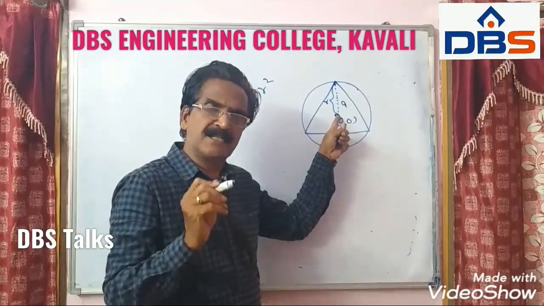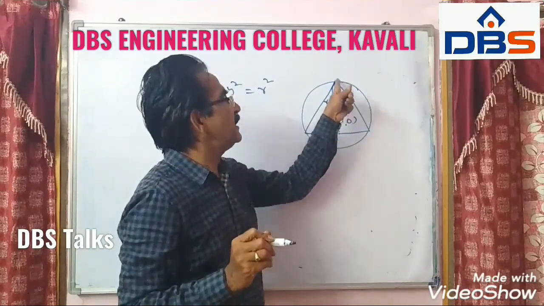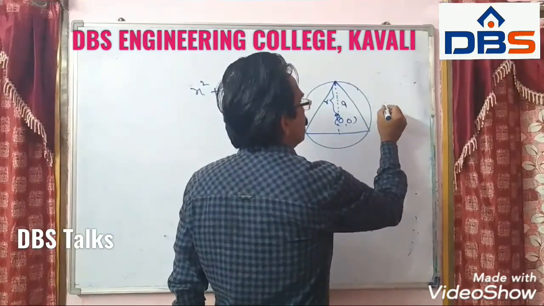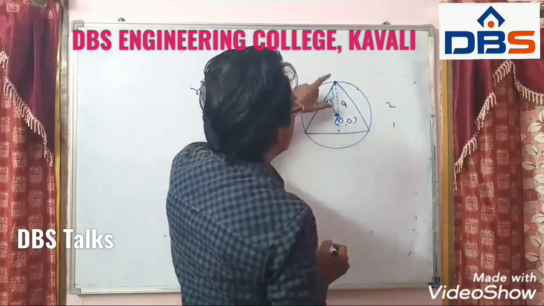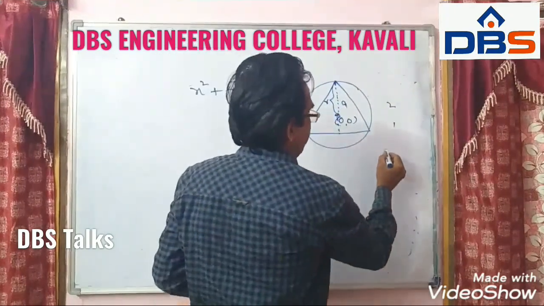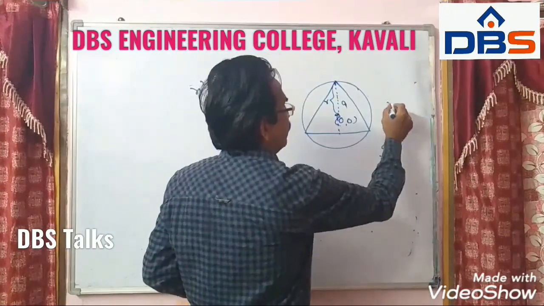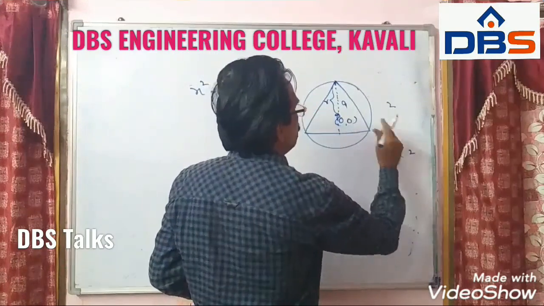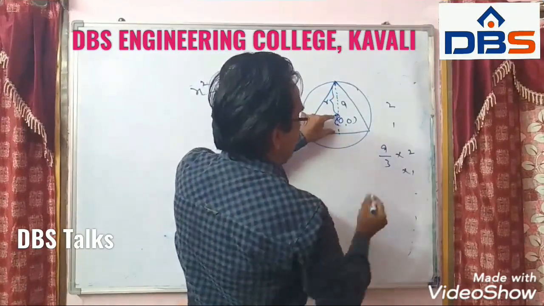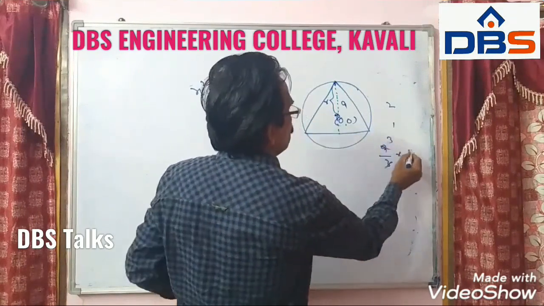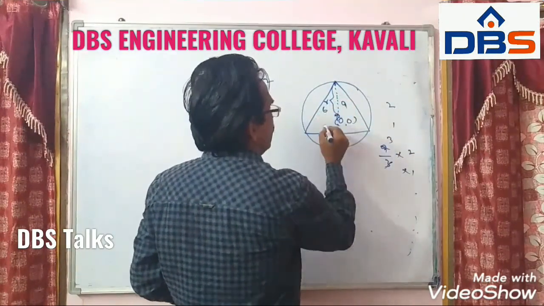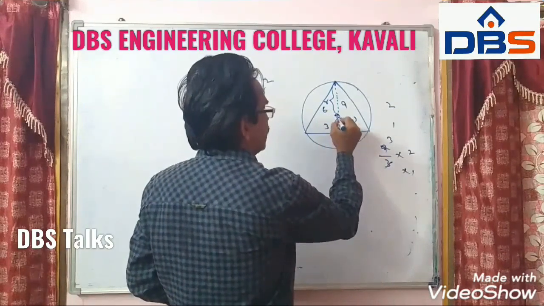The centroid divides the median in the ratio 2:1. This is 2 parts, this is 1 part. So 9 divided by 3, into 2 you get the upper part, into 1 you get the lower part. 6 is the upper part and 3 is the lower part.